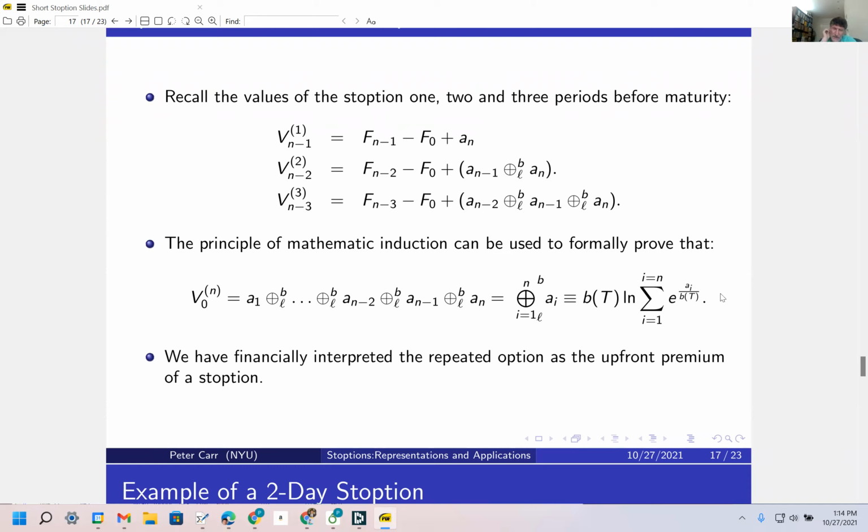If we had switched the model to, say, the Bachelier model, we would actually have a fairly similar formula to this one. The one difference would be that in the Bachelier model, the binary operation is not associative. So you would require n minus 1 brackets in the highlighted expression, and you would have a different binary operation than the log sum exponential if you were using the Bachelier model.